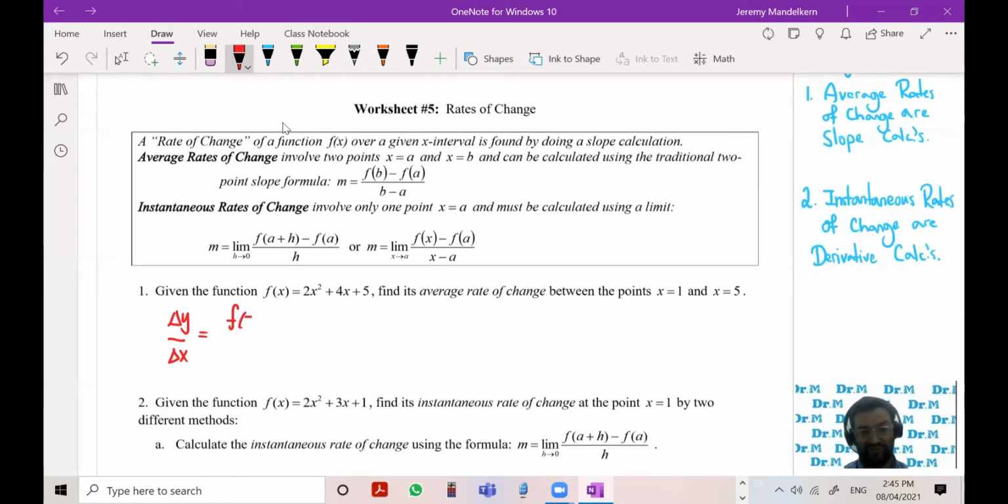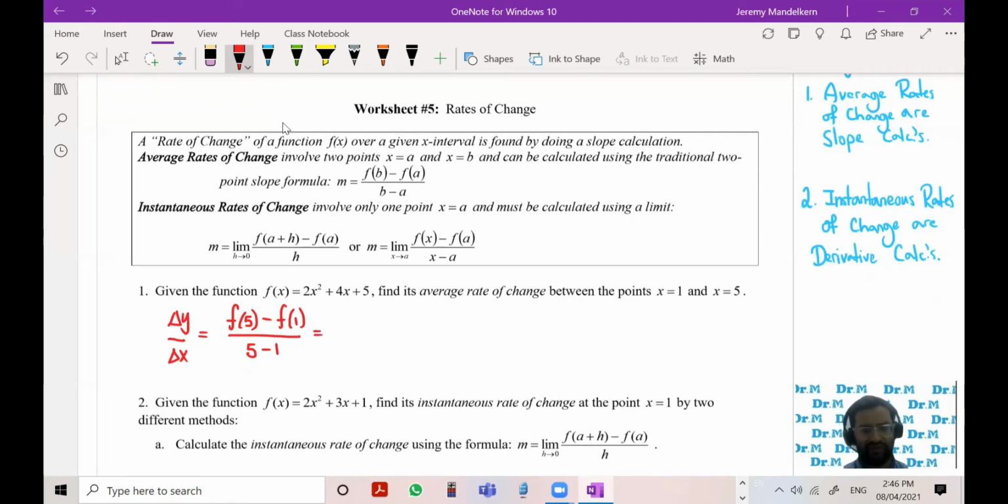So that would be f of 5 minus the function value at the initial point of that interval. And this is going to be divided by the difference of the two values, endpoint 5 minus initial point 1. So you'll recognize that notation as being nothing but a slope calculation, and indeed it is.